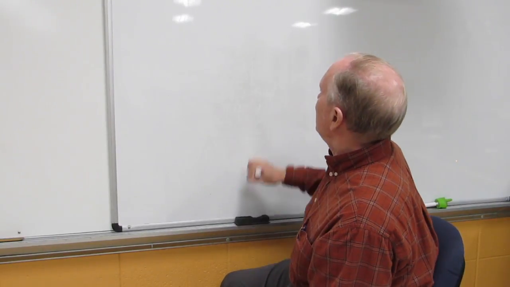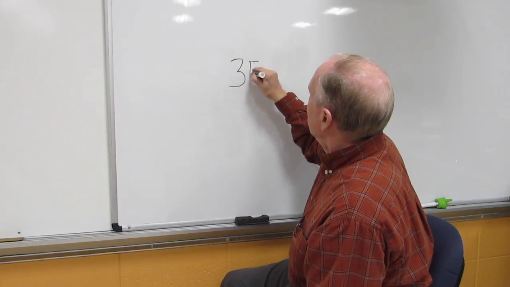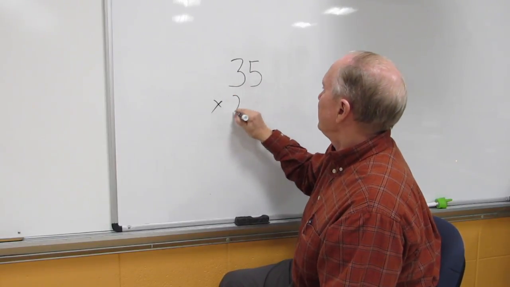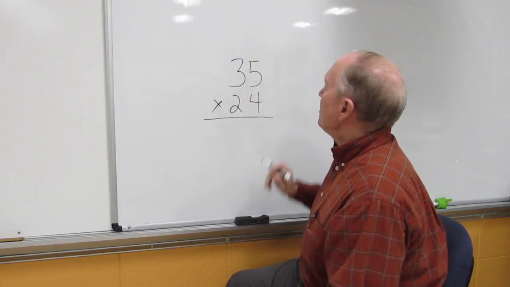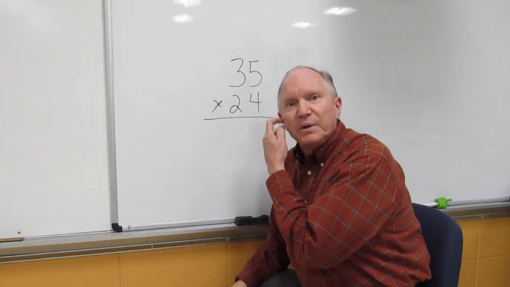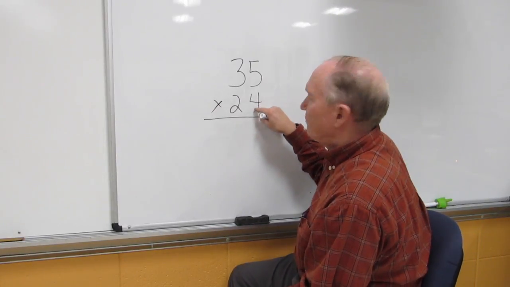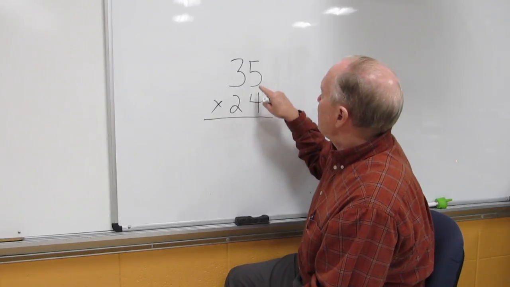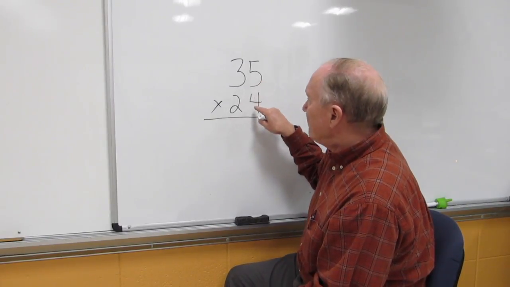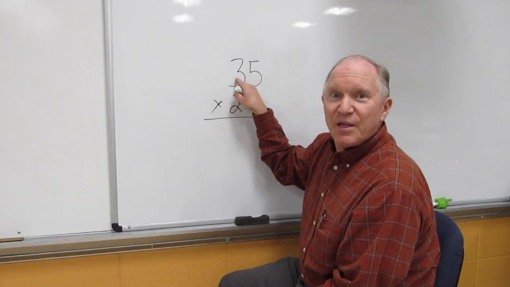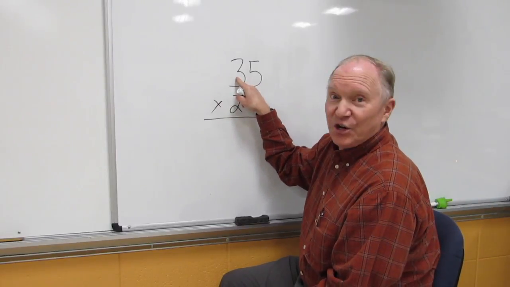Let's take a look at 35 times 24 again. When you're multiplying this problem, what you're really doing is multiplying 4 ones times 5 ones and 4 ones times 30. That's really a 30.